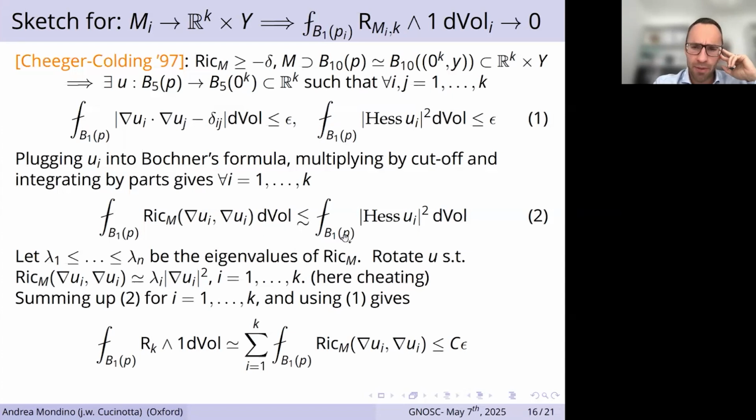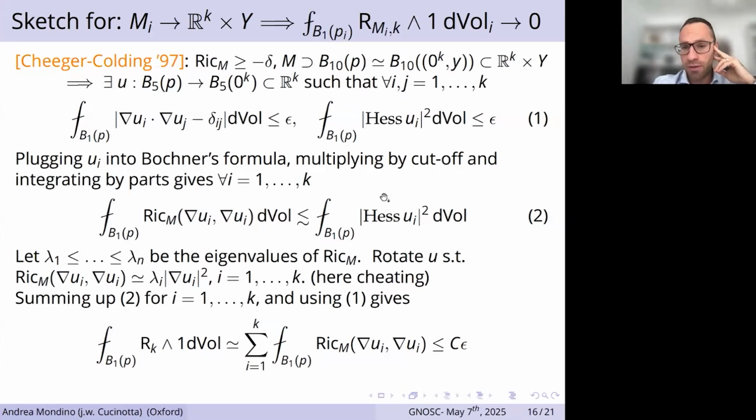Then you sum up this second display from 1 to k. So what you get is that the sum from 1 to k of Ricci(grad u_i, grad u_i), since the u_i are almost orthogonal, is going to be roughly the sum of the first k eigenvalues of the Ricci, which is roughly R_k.